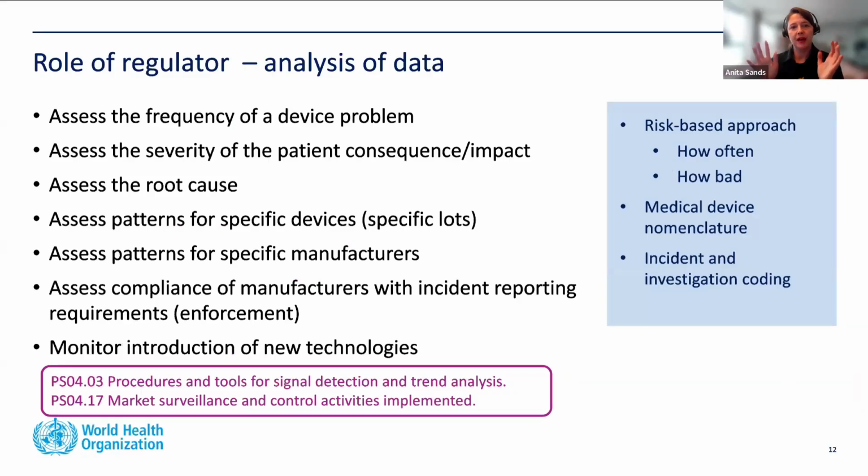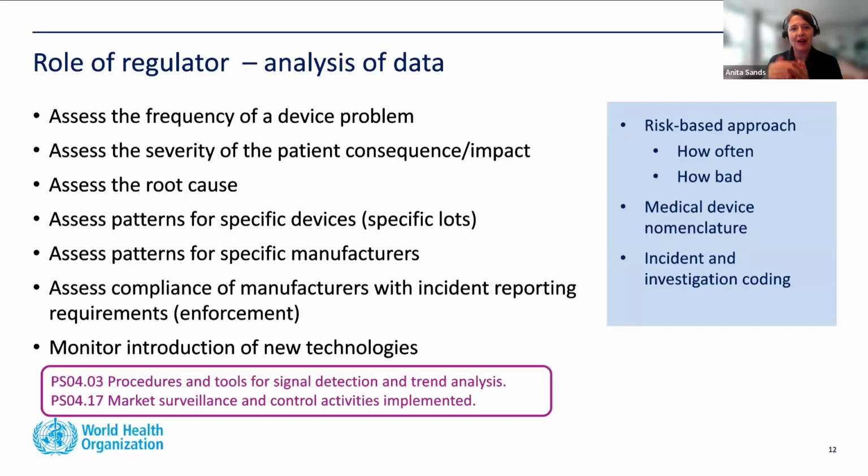So another role, once you've got through all of those incident reports, field safety corrective actions, and publishing field safety notices, is that you're kind of reacting. You're reacting to information coming to you. Once you grow in your maturity, you'll start to be a bit more proactive, where you'll be out there looking for trends. And these are the kinds of analysis that you might want to start to do: looking at the frequency of a particular problem, so false negatives or malfunctioning hip implants.